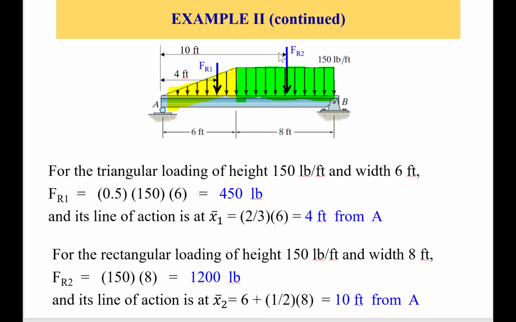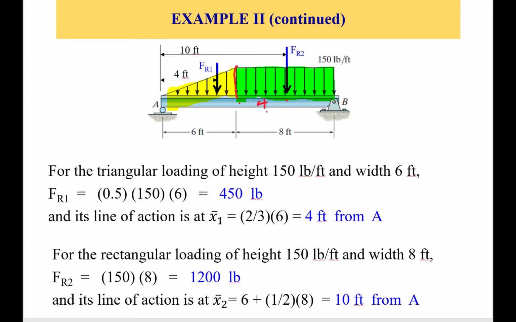Now for the rectangle, I'll show you that, but since we are on this page, it's at the center of that rectangle, which is measured from this end. If I measure it from that end, it's going to be from here to here, it's going to be 4, right?